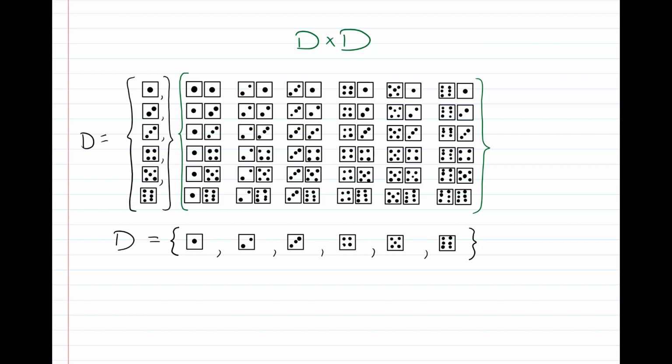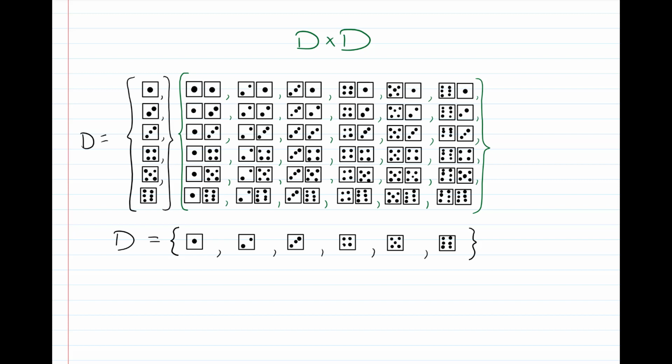And each element, which is an ordered pair, should be separated from the others by commas, because that's how we write sets.